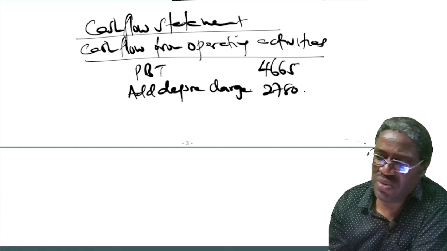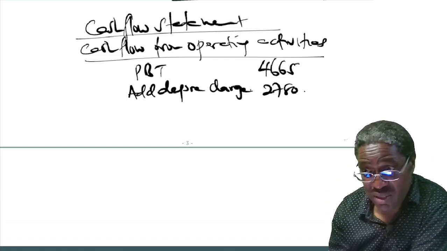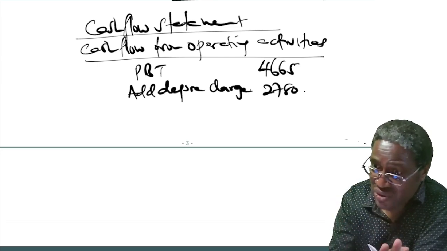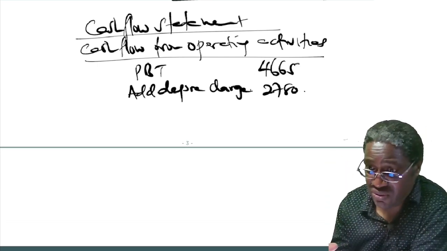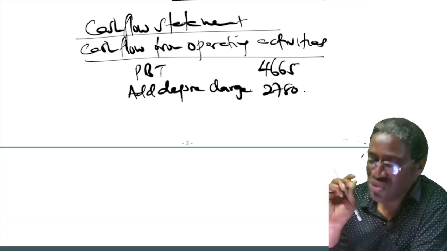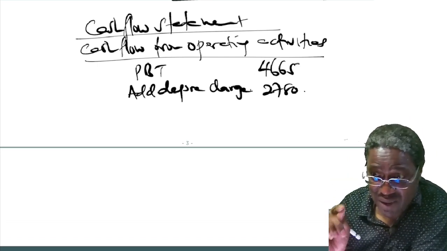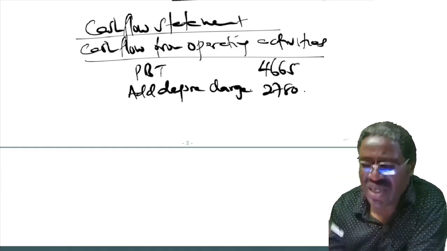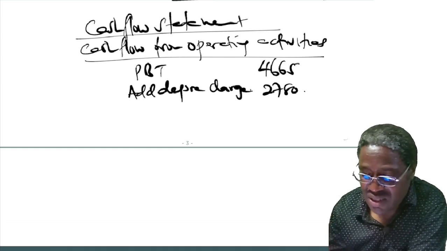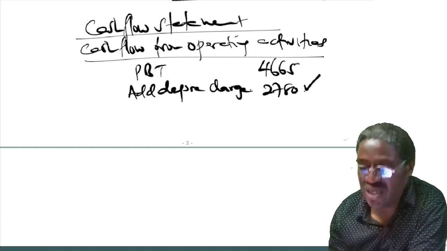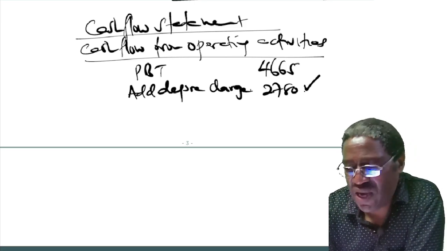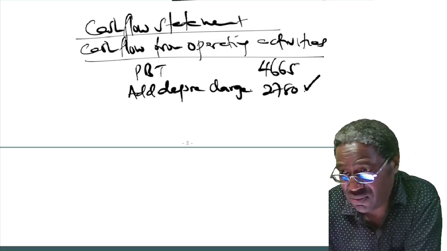Others may be there or may not be there in any question, whether at the intermediate level or at the advanced level. One of the non-cash items, reminding you, which you will always find in any question, is the depreciation charge for the year.